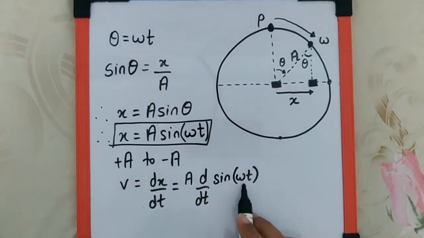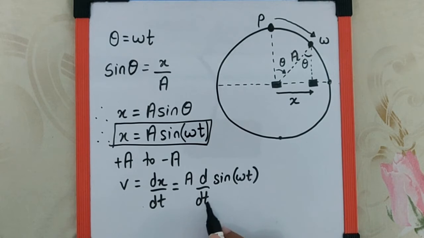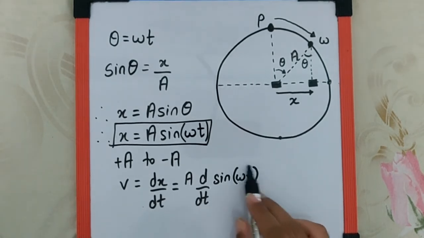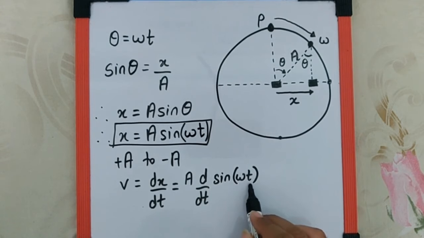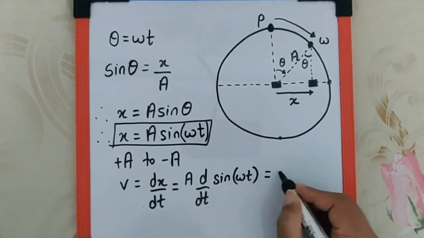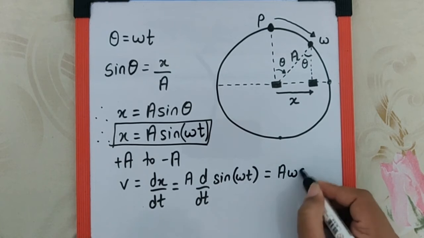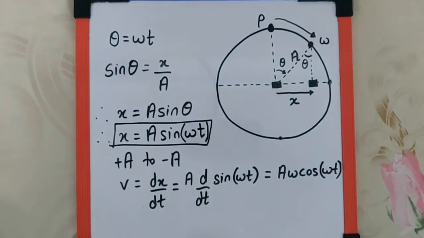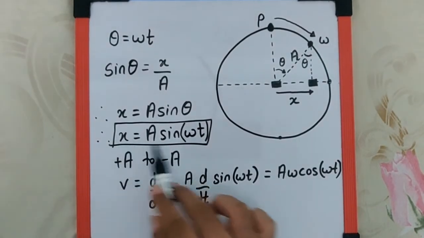Now the derivative of sine theta is cos theta, but at the same time theta is a function of time, so the derivative of omega t with respect to time will be omega. So we finally land up with A omega cos omega t. That is the equation of velocity which we get from the derivative of x.